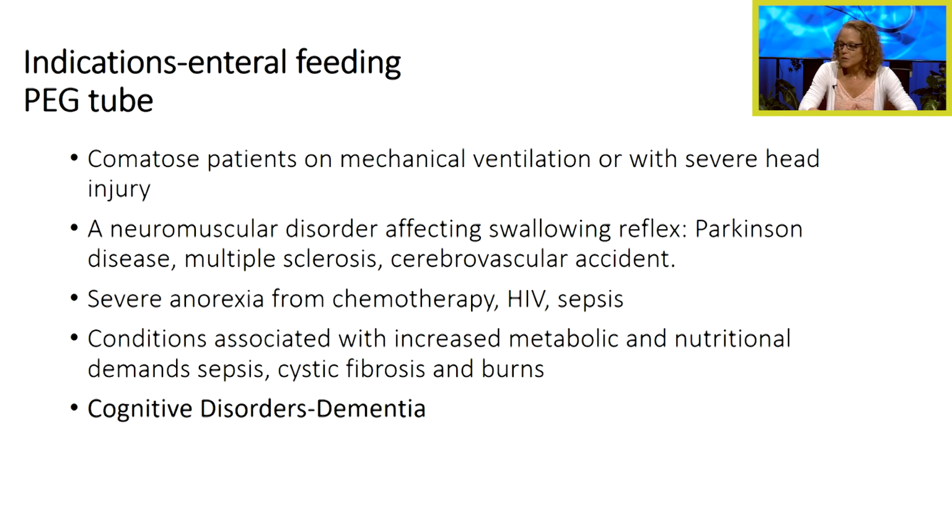It could also be used in conditions associated with increased metabolic and nutritional demands. So again, like in the case of sepsis, for our patients that have cystic fibrosis, and in our patients who have suffered from burns. It's also used sometimes in our patients with cognitive disorders, like dementia, for example.